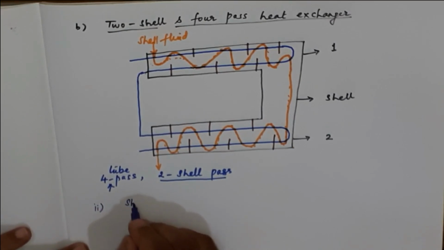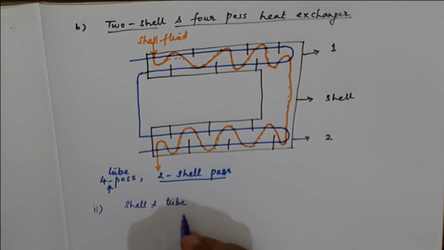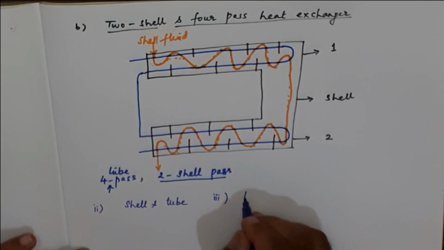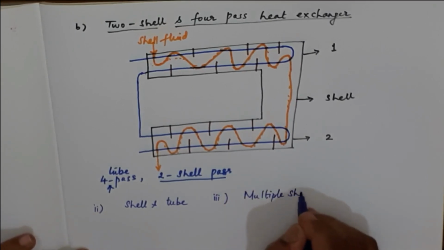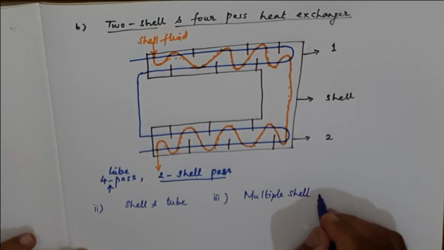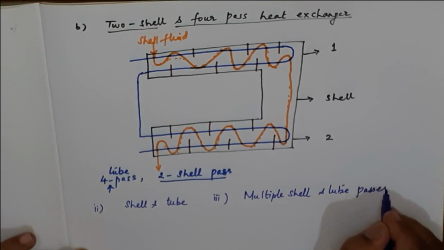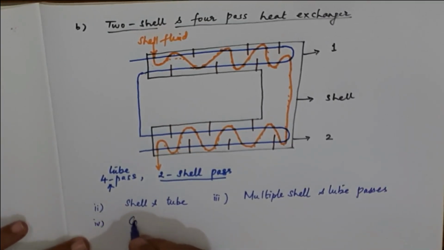The second category, shell and tube heat exchanger, where you have a bundle of tubes, and the third category you can write as multiple shell and tube passes. Multiple shell and tube passes, and the last category of this one is the compact heat exchangers.